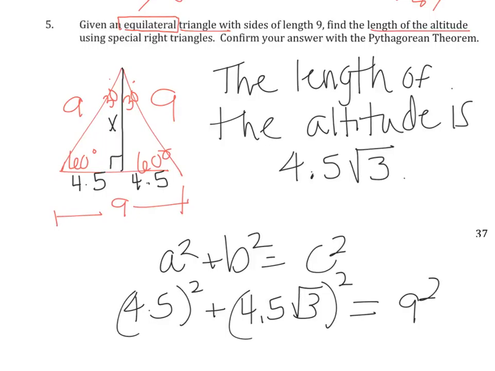Okay, so 4.5 squared is 20.25, and 4.5 radical 3 squared is equal to 60.75, and 9 squared is equal to 81. The sum of 20.25 and 60.75 is in fact equal to 81, so it proves to be true in the Pythagorean theorem.